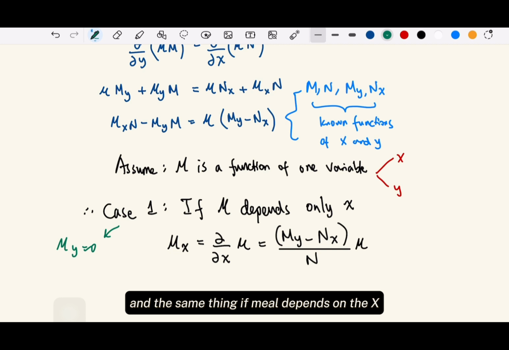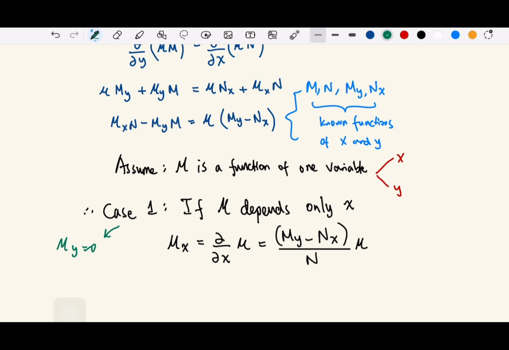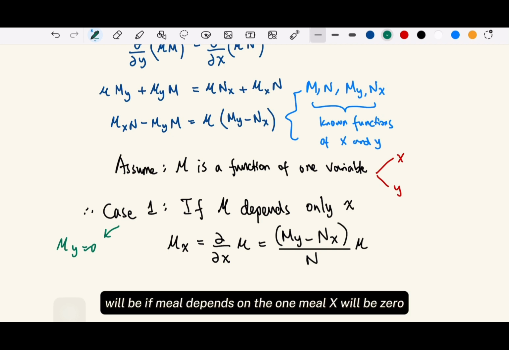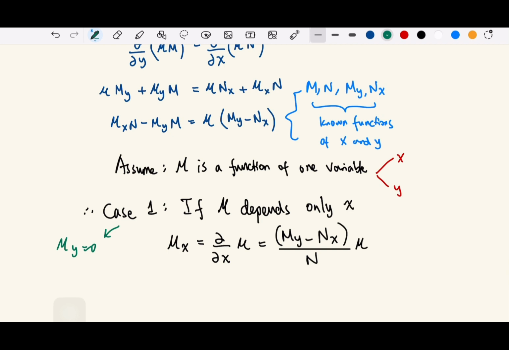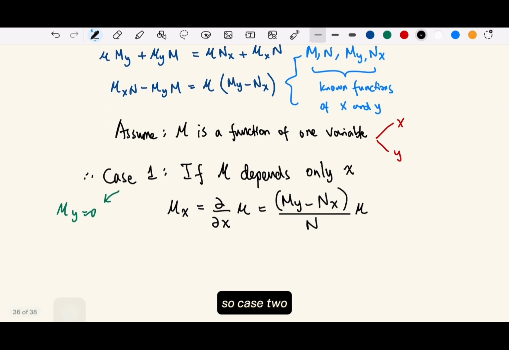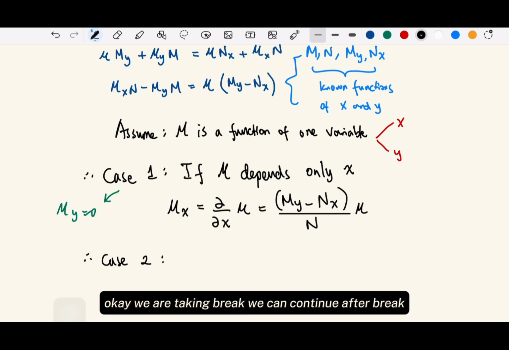And the same thing, if mu depends on x, mu y will be 0. So case 2. Okay, we are taking a break. We can continue after the break.